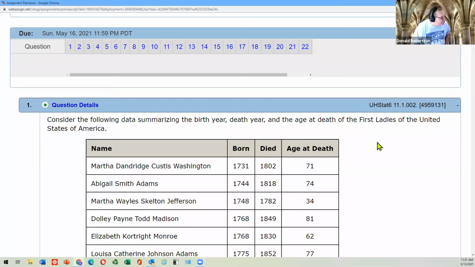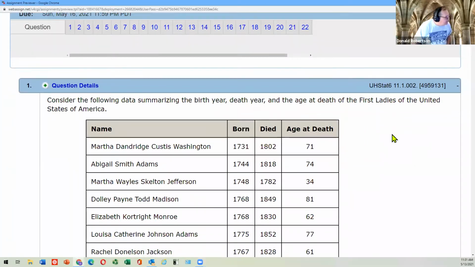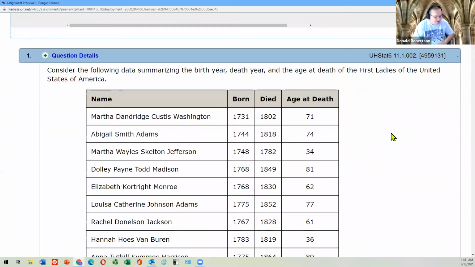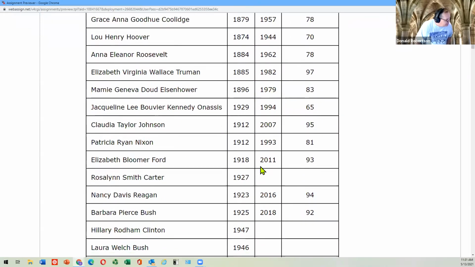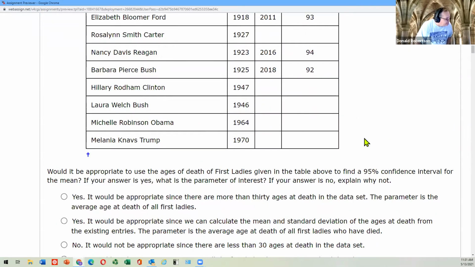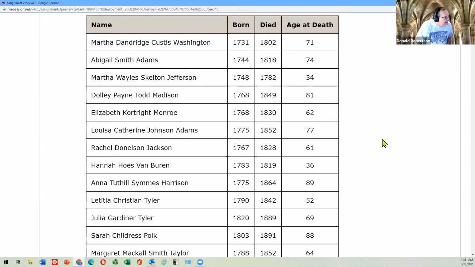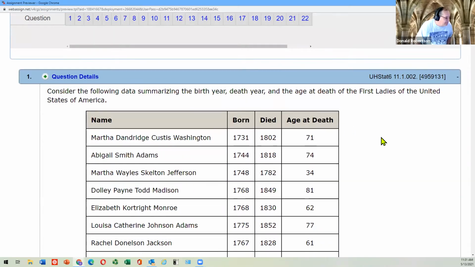Right. Let's look at some of the homework questions. Here is question 1. It's a huge question and a very short answer. You might or might not know the first ladies for every single president, but here they are. Here is the age at death.